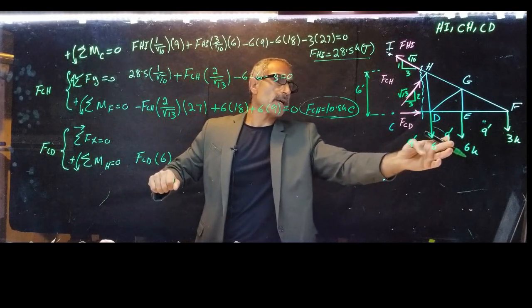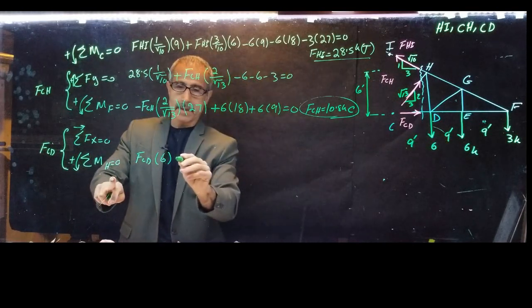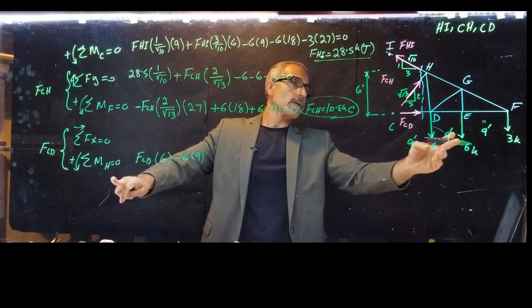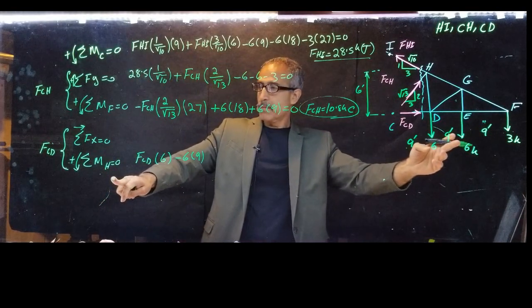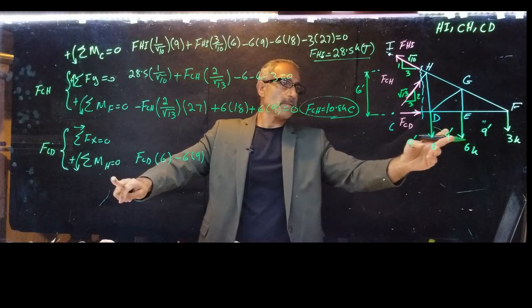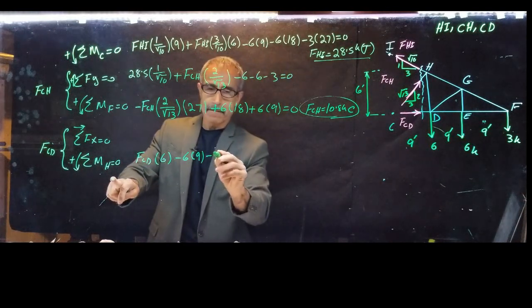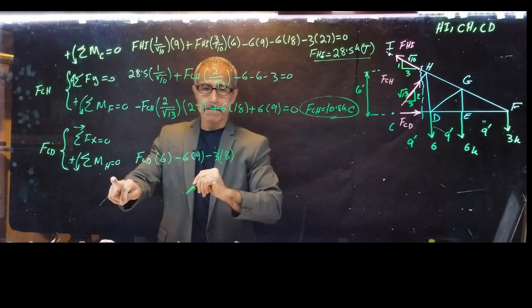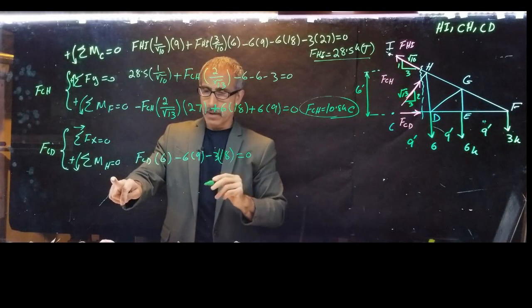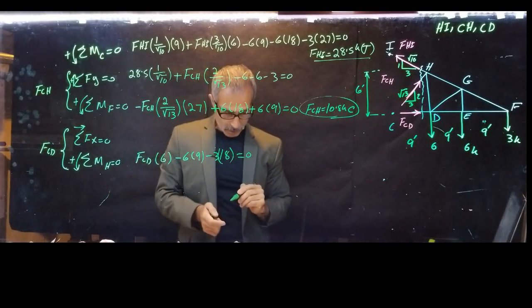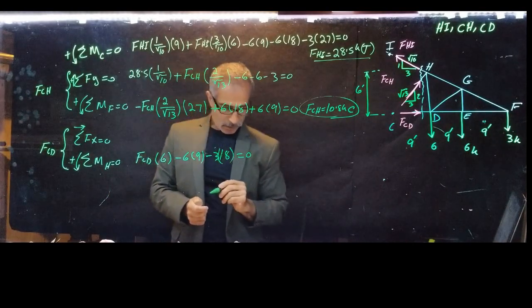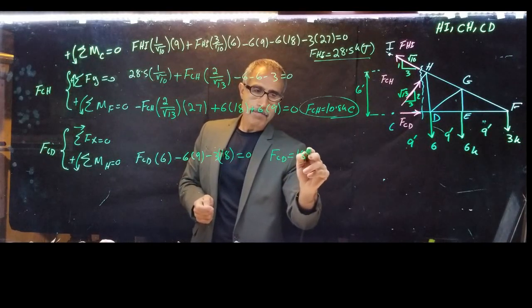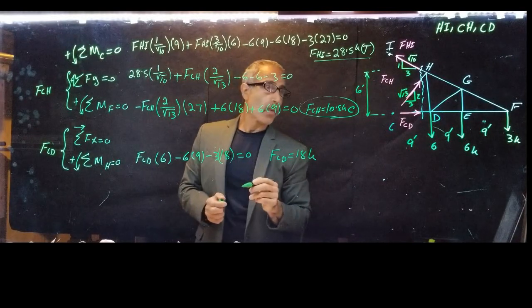So it's 6 times 9 minus 6 times 9 minus 3 times 18 equals 0. So FCD equals 18 kips. What would we say? Compression.